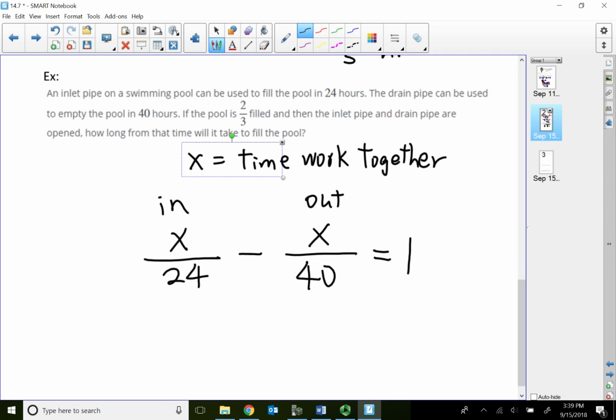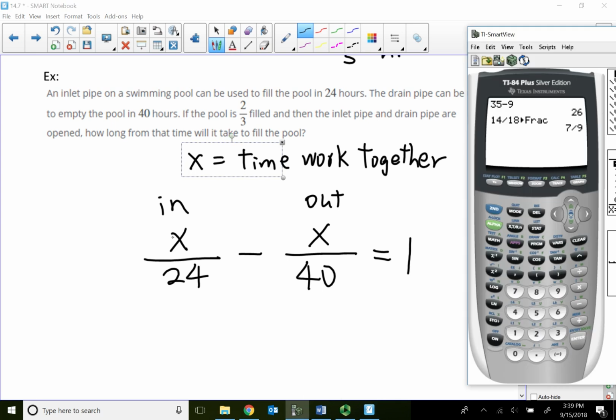All right, so let's see. My LCD between 24 and 40, or we can do it this way. I'm going to show you a different way to do it. Rather than finding the LCD, we're just going to treat this like a linear equation, that's what they are. This is 1 over 24 minus 1 over 40.